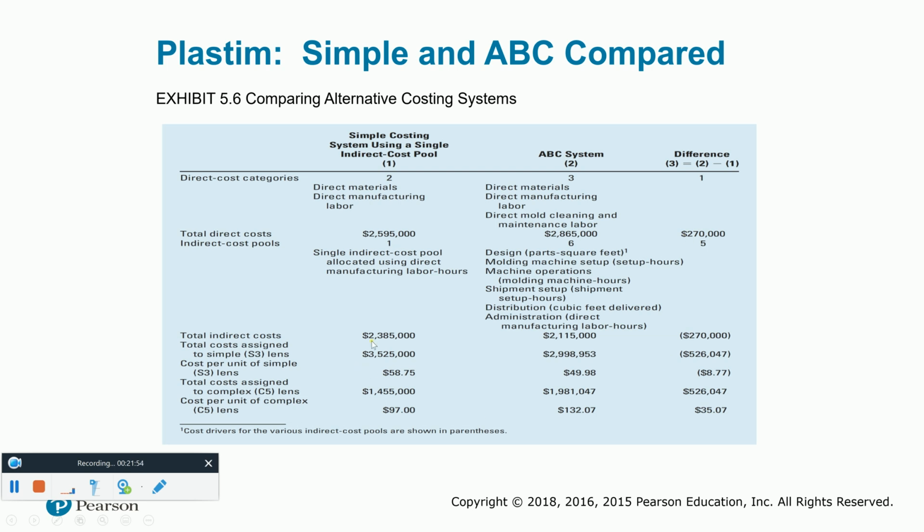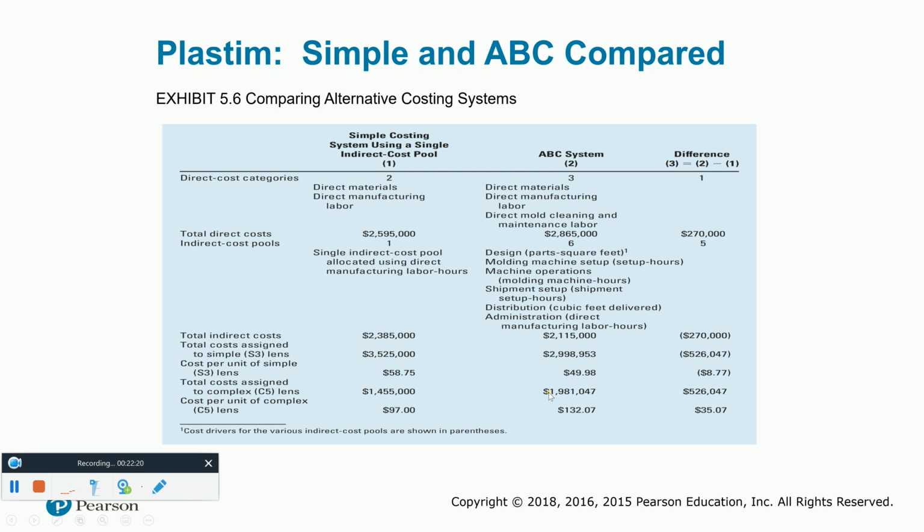And when we use the simple costing method, we assigned $3,525,000 to the simple lenses, $1,455,000 to the complex lenses, as opposed to the activity-based costing system. You see it was much different. The simple lenses were overcosted and the complex lenses were undercosted.